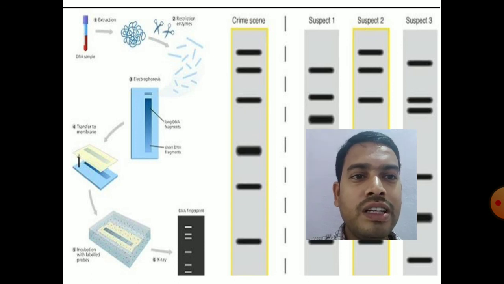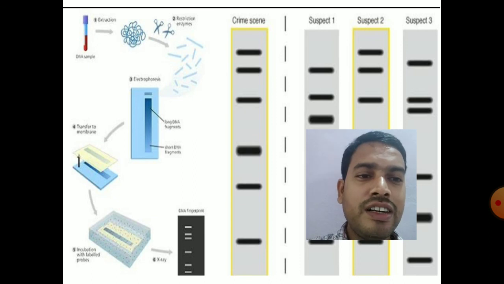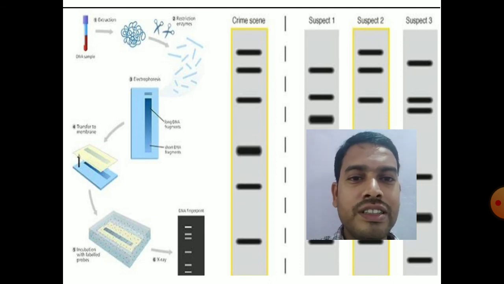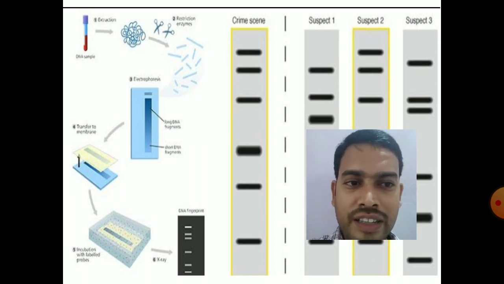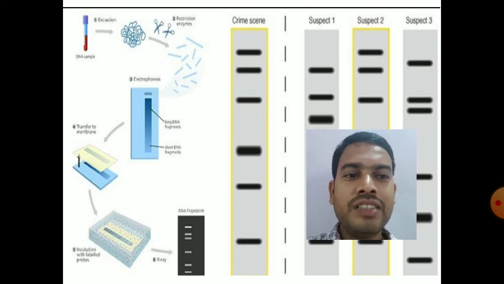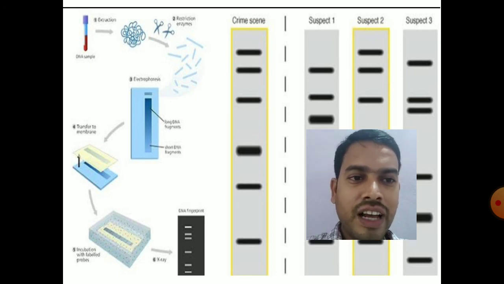So load all the four samples in four lanes in the agarose gel electrophoresis. After subjecting to agarose gel electrophoresis, the DNA fragments are sorted based on their size. Larger ones will be at the top position and smaller ones will travel faster in the gel, so they will be at the bottom of the gel.